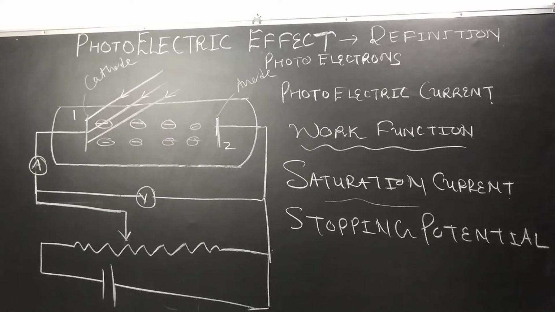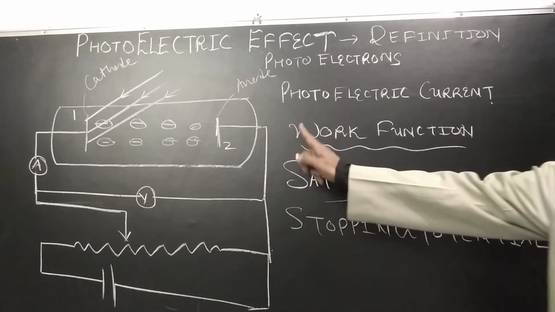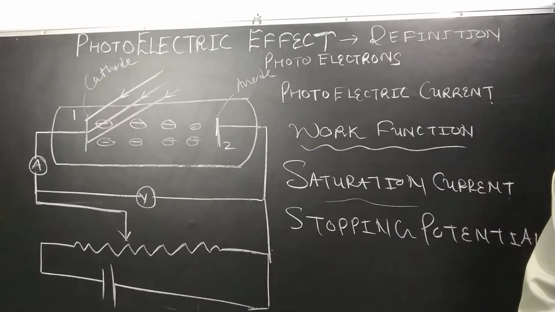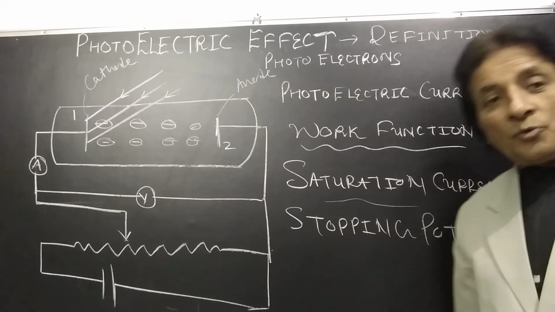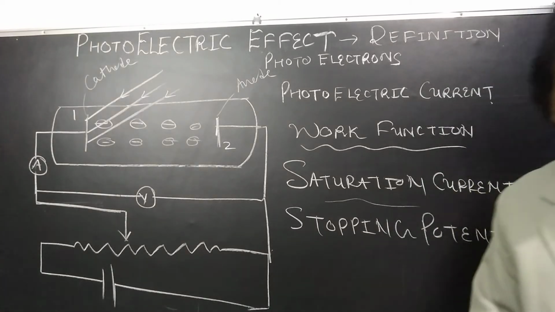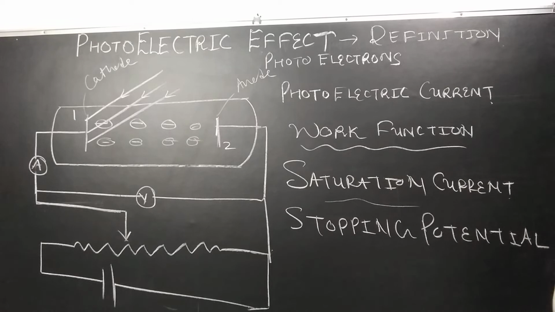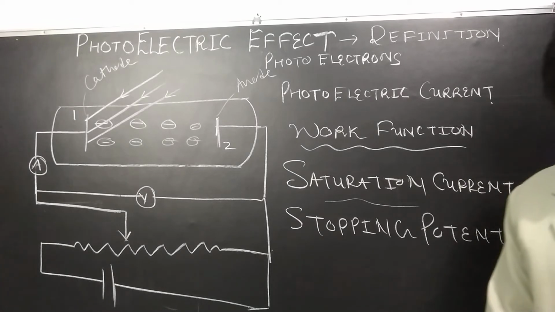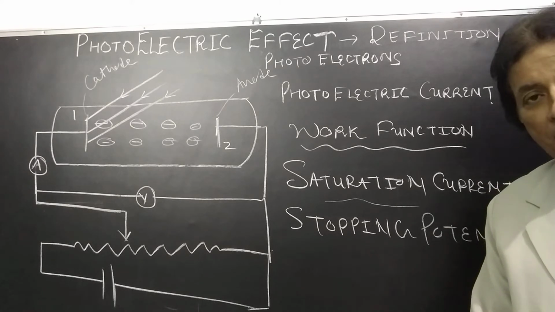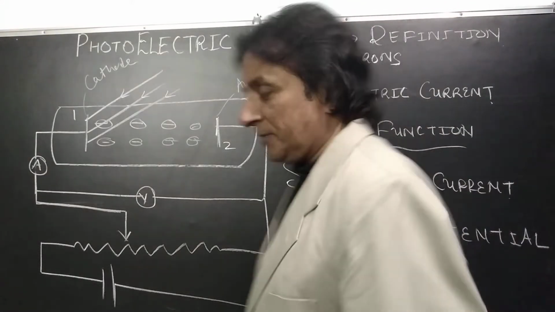The minimum magnitude of the negative potential of anode with respect to cathode, for which the current is zero, is called stopping potential. This is also known as cutoff voltage. The voltage is independent of the intensity of incident light. I'll explain this.